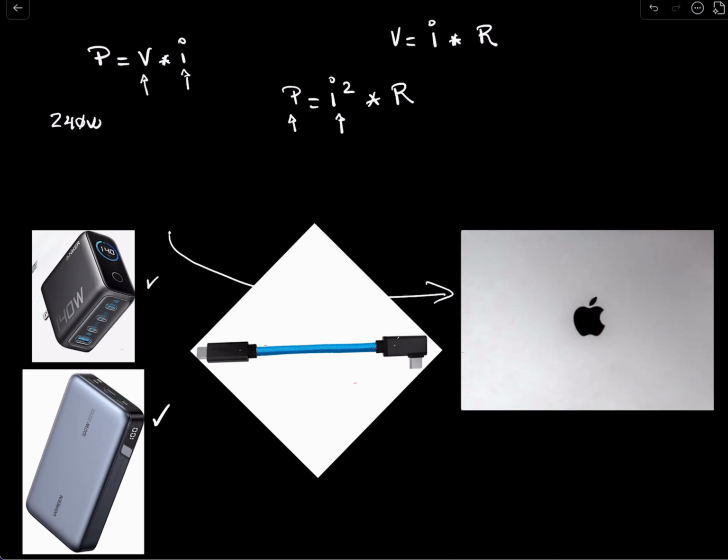Well, looking at this equation, we see that the power dissipated in the device has a lot to do with the resistance. And the resistance is the resistance of the wire. You can either increase the diameter of the cable, which is not practical because you want to keep these things tiny and portable, or reduce the intrinsic resistance of the cable.